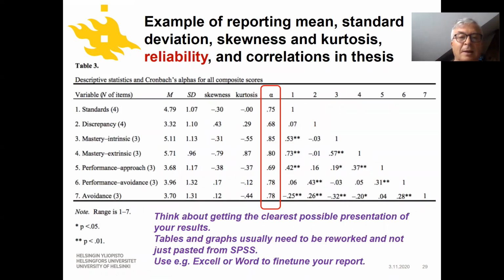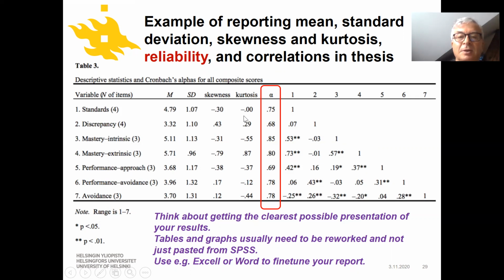Here's a really impressive way of describing the results. So we have a table where the Cronbach alpha is expressed for all the tests that they have used here. You would have the average and the standard deviation of each test.